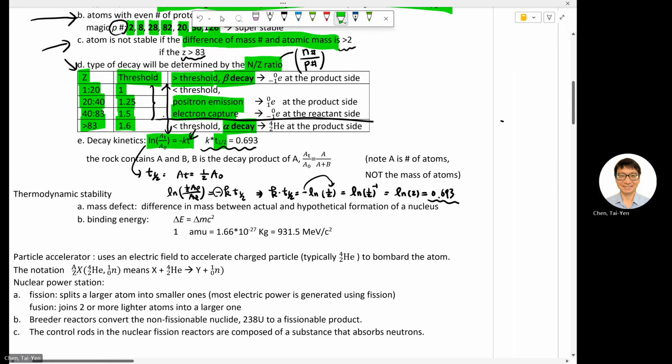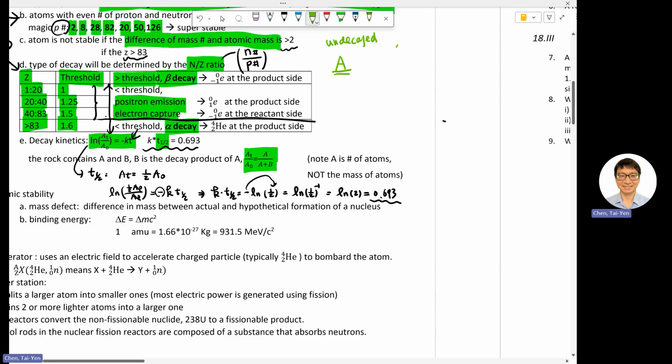Here you can see that if A is the undecayed thing you can see in your substance, and B is the decayed product inside a rock, then to calculate your A0, you take the number of A plus the number of B. It can also be the moles, but it cannot be the mass.